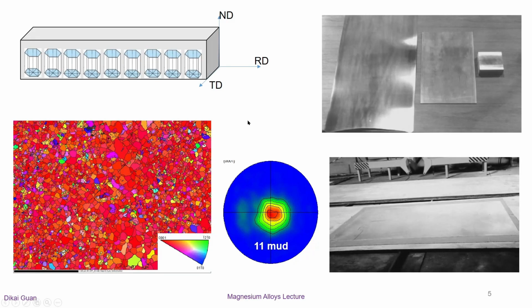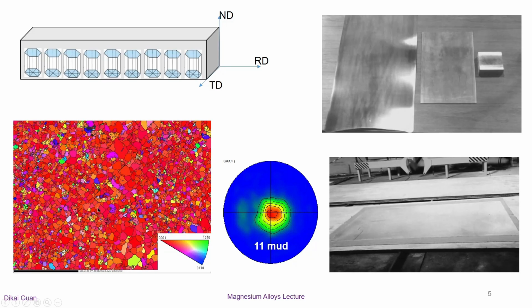In general, the basal pole in wrought magnesium is found to be aligned near to parallel to the direction of predominant material contraction. Thus, in rolling, the basal plane is found close to the plane of the sheet, as demonstrated in the top left image. So this texture is also called basal texture.